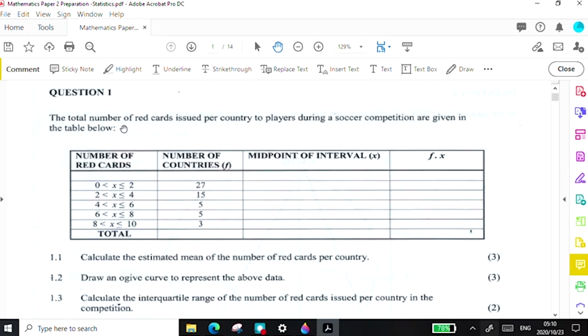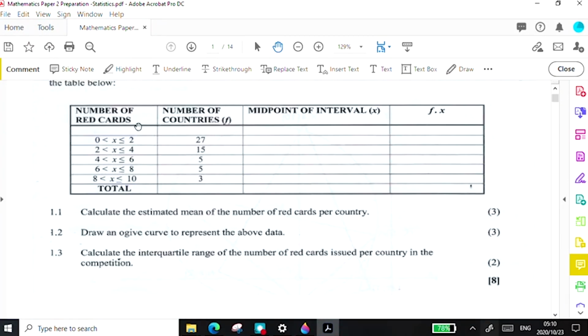We look at the total number of red cards issued per country to players during a soccer competition. So here we are given the number of red cards and an interval. Countries with 0 to 2 red cards are 27.